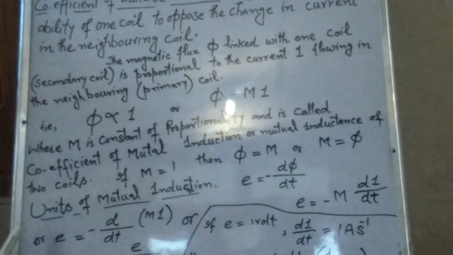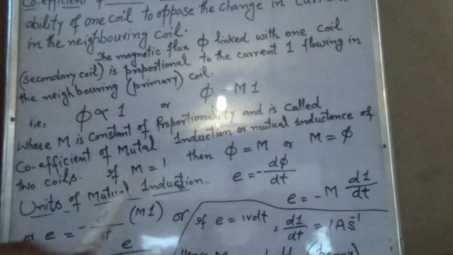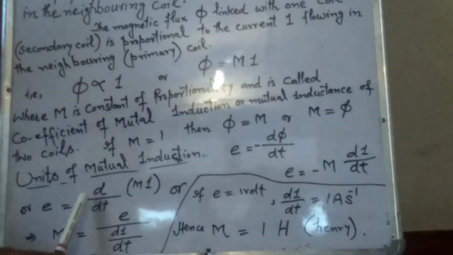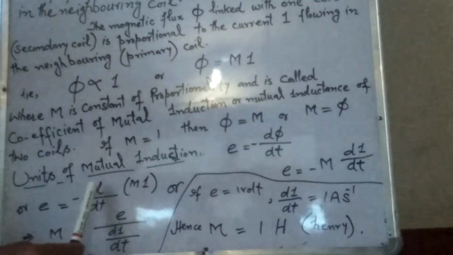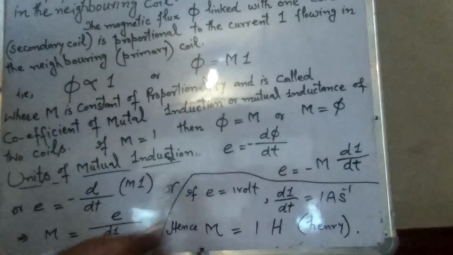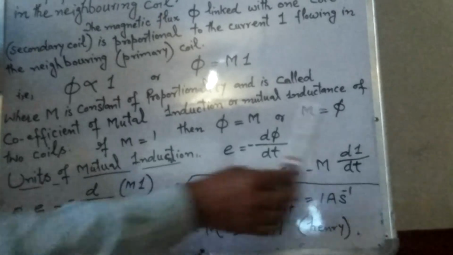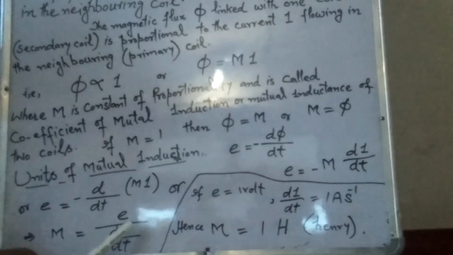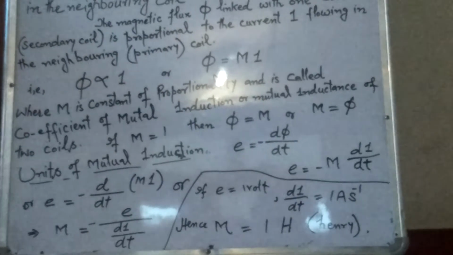Now what is the unit of mutual induction? We know by Faraday that E is equal to minus d phi by dt, or E is equal to minus d by dt of the value of phi, which is MI. So d by dt of MI gives E is equal to minus M times di by dt, where M is a constant. The change is in the current with respect to time, or M is equal to E divided by di by dt, with a negative sign.